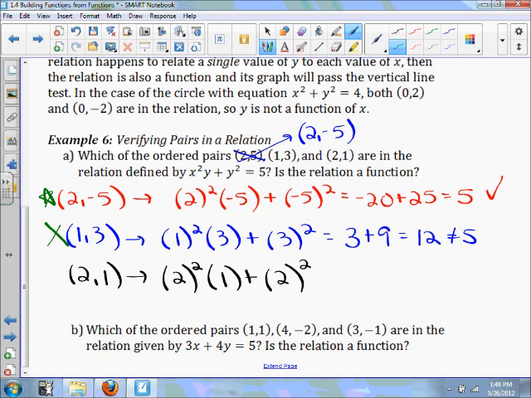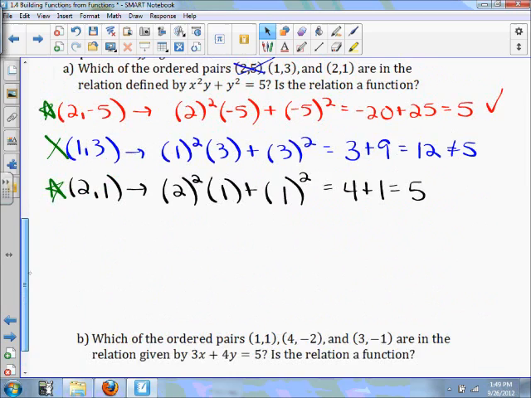Which means instead of 2 squared there, we're going to actually have a 1 squared. So we'll end up with having 4 plus 1, which equals 5. So (2, 1) is in the relation.